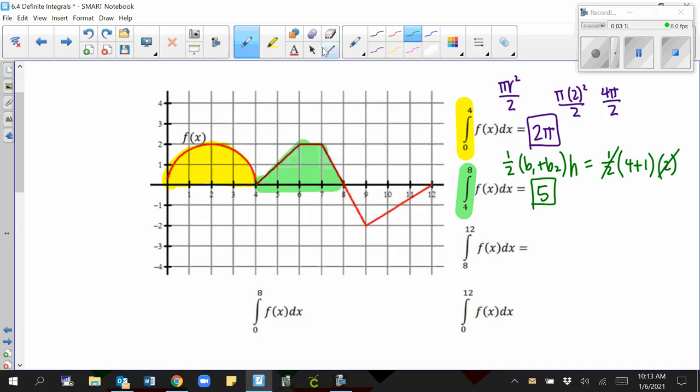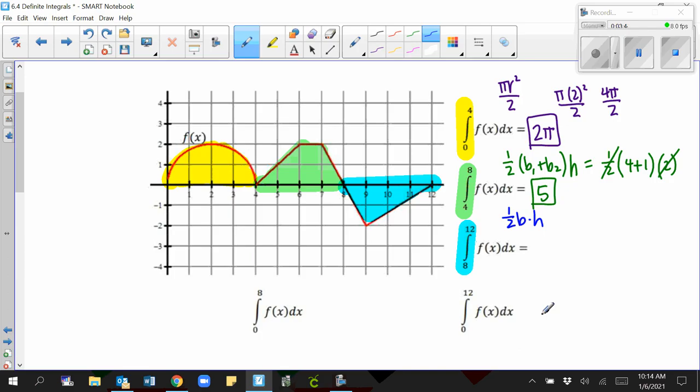And then we are going to look at from 8 to 12. So from 8 to 12 is this triangle right here. So to find the area of a triangle, we just do 1/2 times the base times the height. You'll notice that all of our other ones were above the x-axis, and this one is below the x-axis.